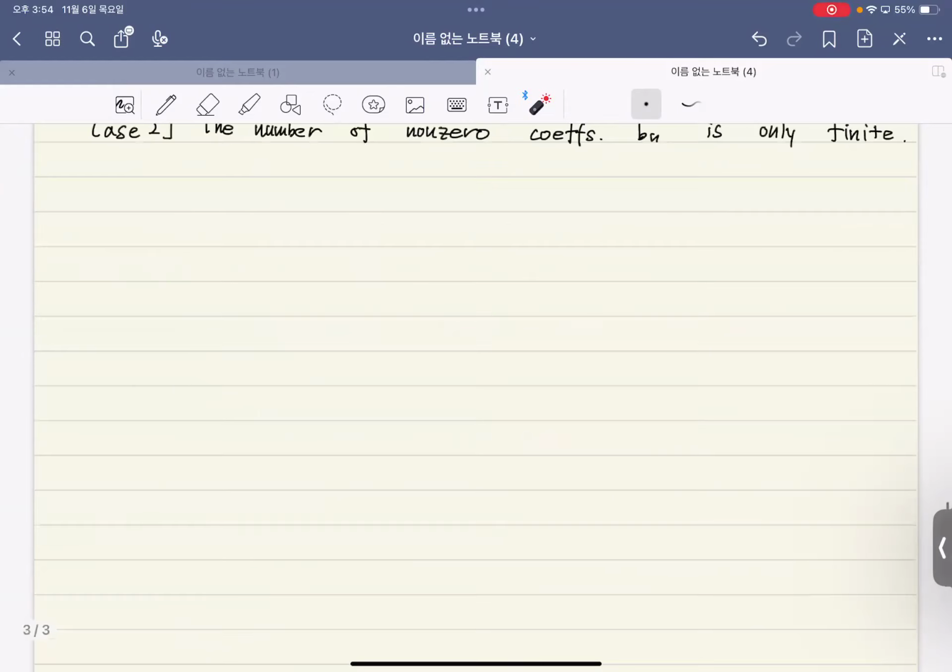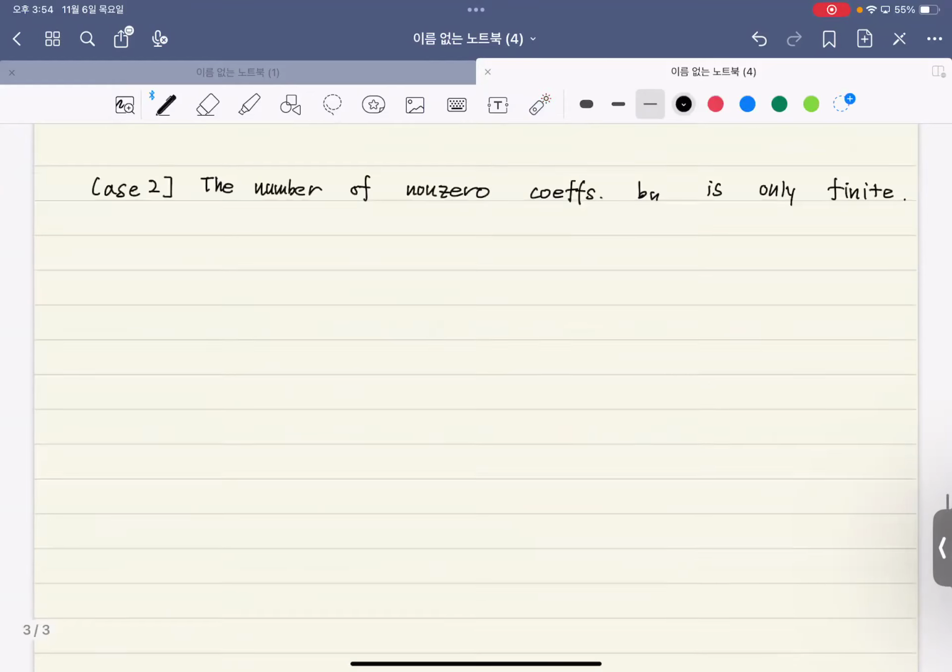So in this case, I must be able to find some integer, which I will call m, and m is greater than or equal to 1, such that b_m is non-zero, and b_{m+1} and the coefficients whose index is greater than m equal 0.